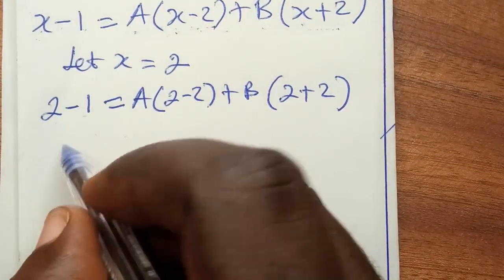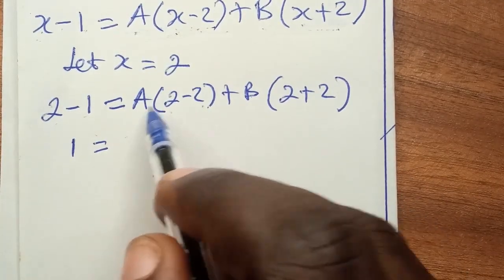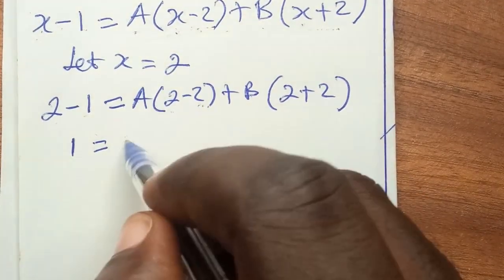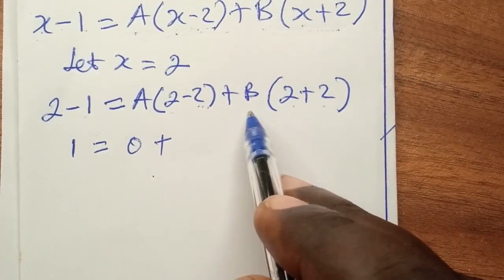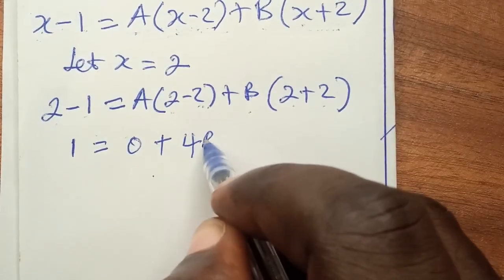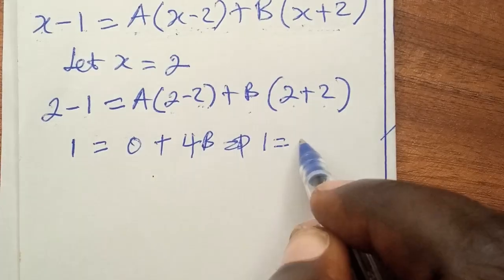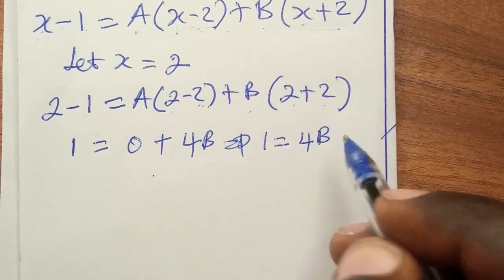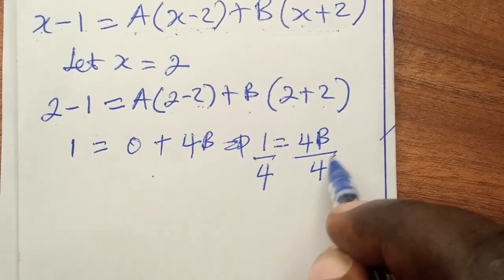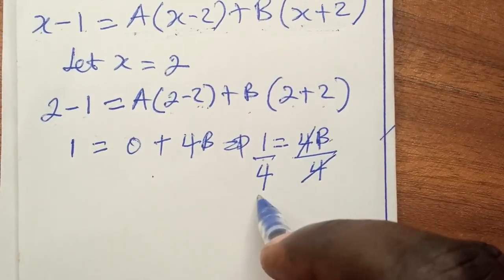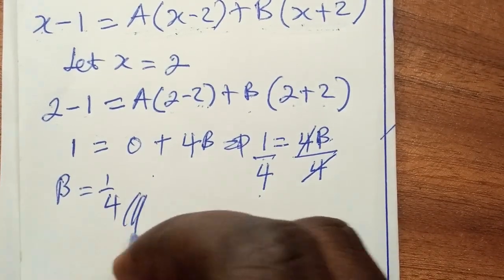So 2 take away 1 is just 1, which is equal to 0 times A, which is 0, plus 2 plus 2 is 4, times B is 4B. So 1 is equal to 4B. To get B, we divide both sides by 4, and B is equal to 1 over 4. That's the value of B.